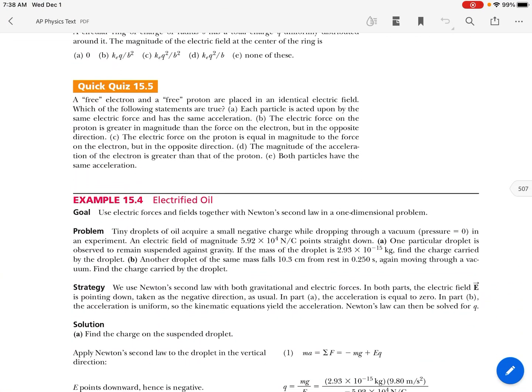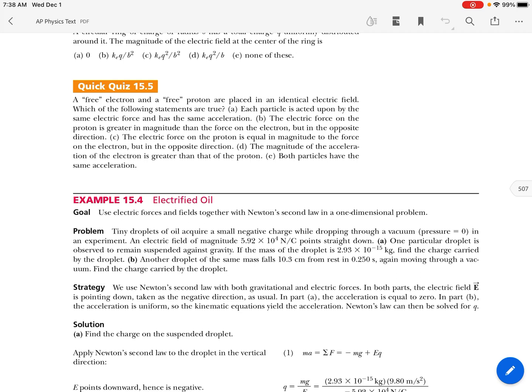Quick Quiz 15.5. A free electron and a free proton are placed in an identical electric field. Which of the following statements are true? A. Each particle is acted upon by the same electric force and has the same acceleration. B. The electric force on the proton is greater in magnitude than the force on the electron, but in the opposite direction.